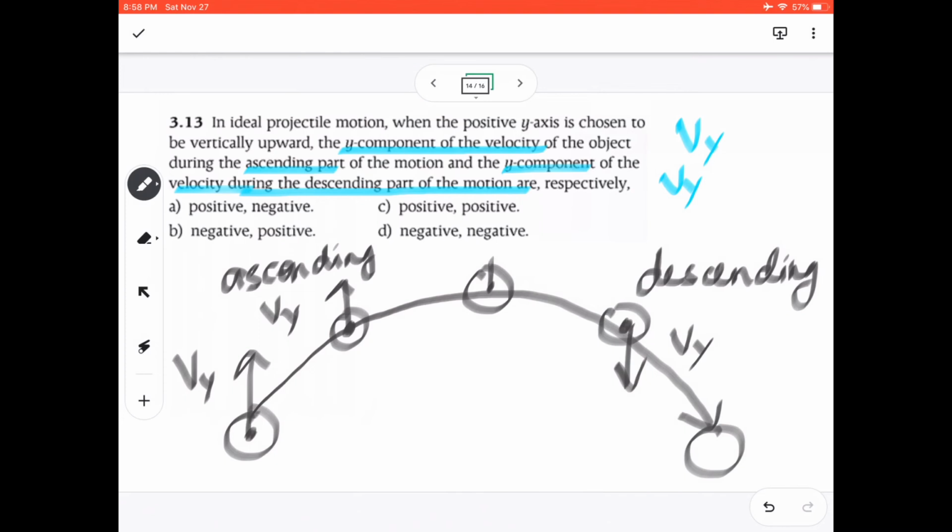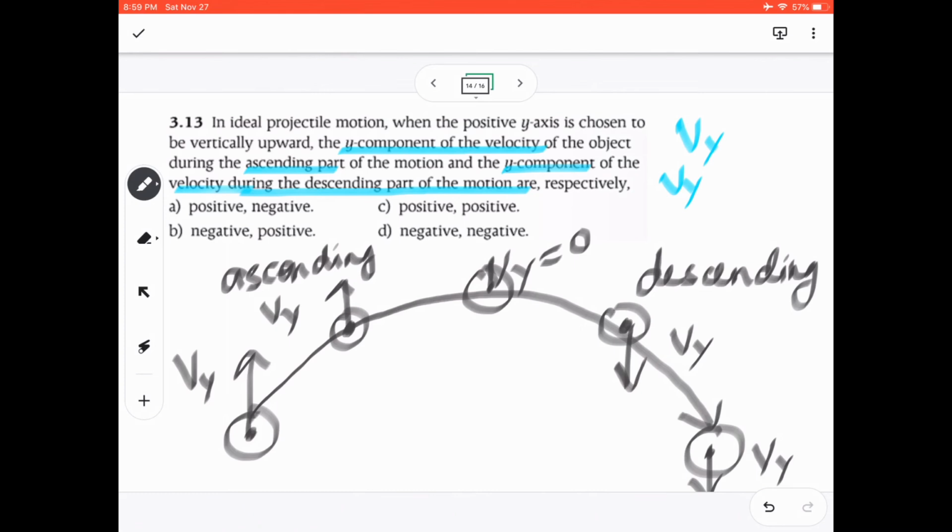At the top there's no Vy, Vy is equal to 0, but Vx is constant, and then Vy over here is going down as well. So in the ascending part, Vy is positive, and in the descending part, Vy is negative.